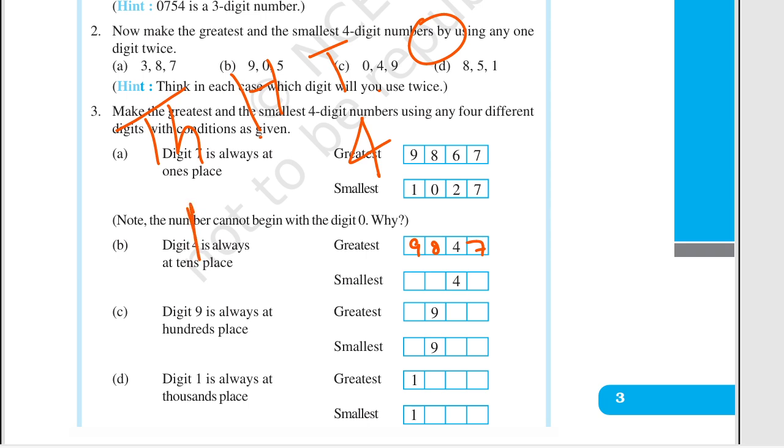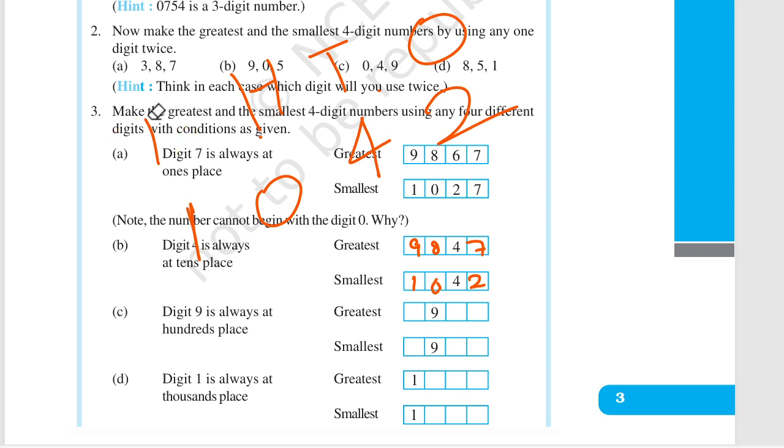Now we can use 0. Then 4 is already there. The third smallest number, that is 2. It means 1042 is the smallest number we can make by using 4 different digits, where 4 will always be at the tens place.